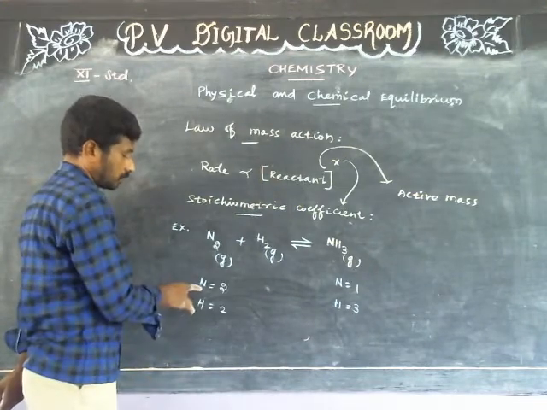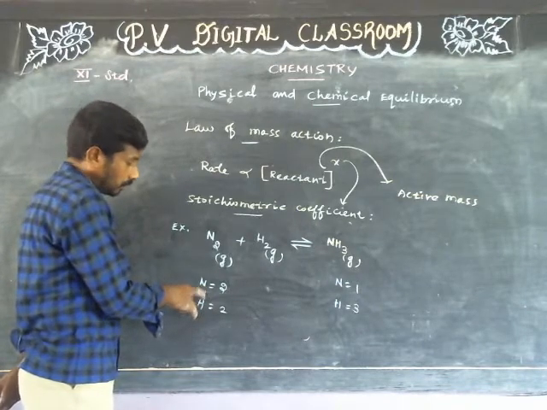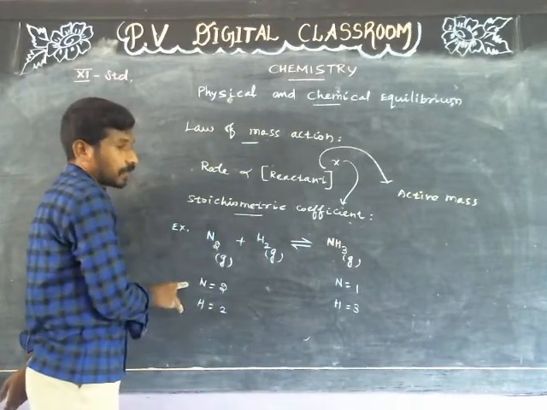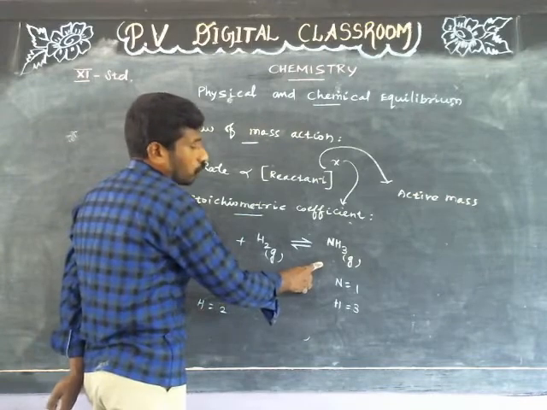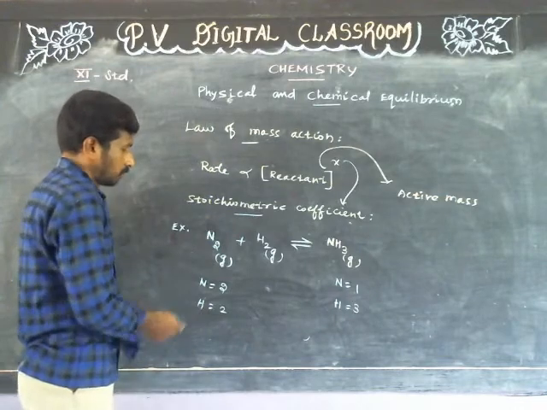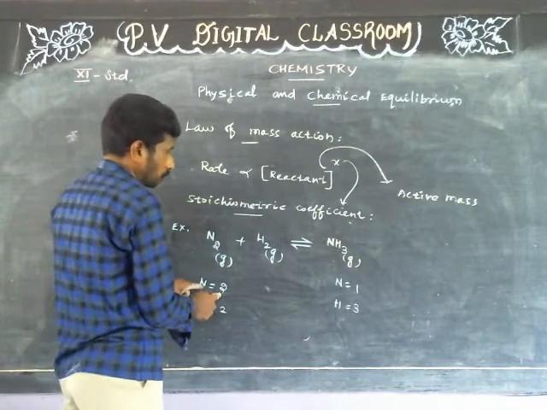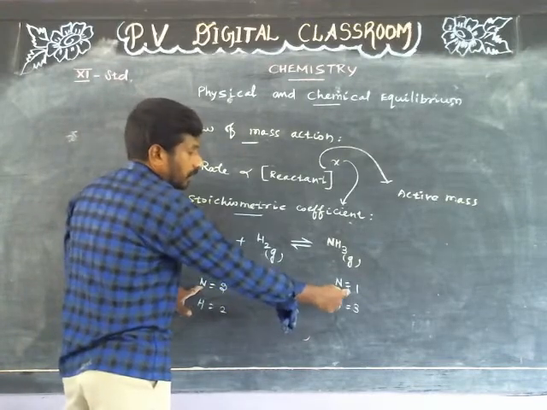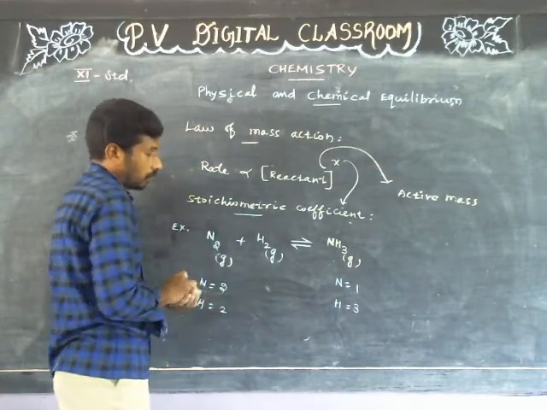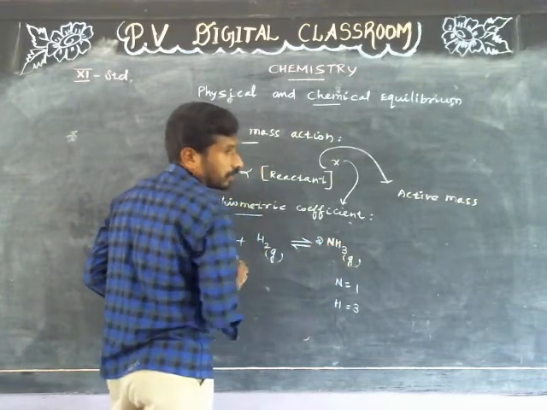Here the number of different elements on the left hand side is not equal to the number on the right hand side. The number of nitrogen here is 2, but here it is only 1. To balance nitrogen on both sides, we should place number 2 before ammonia.